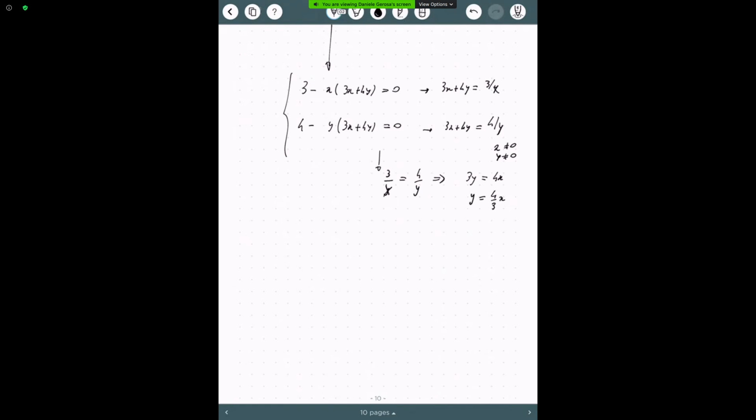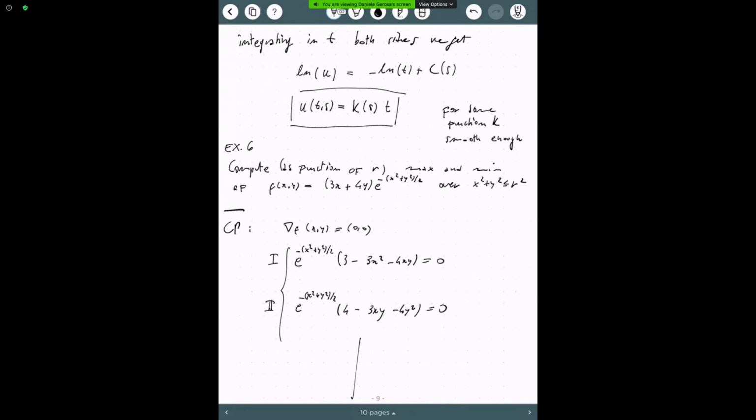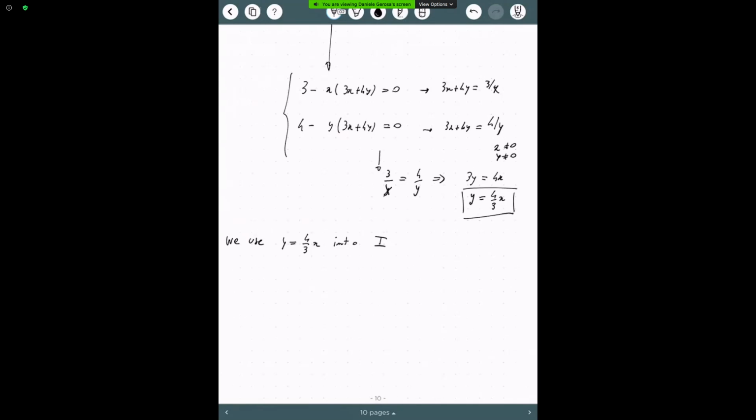So y is equal to 4 divided by 3 times x. And we can use it to substitute into the first equation, for instance. So we use y equal to 4 divided by 3 into 1. Remember that 1 was this equation, actually without the exp.